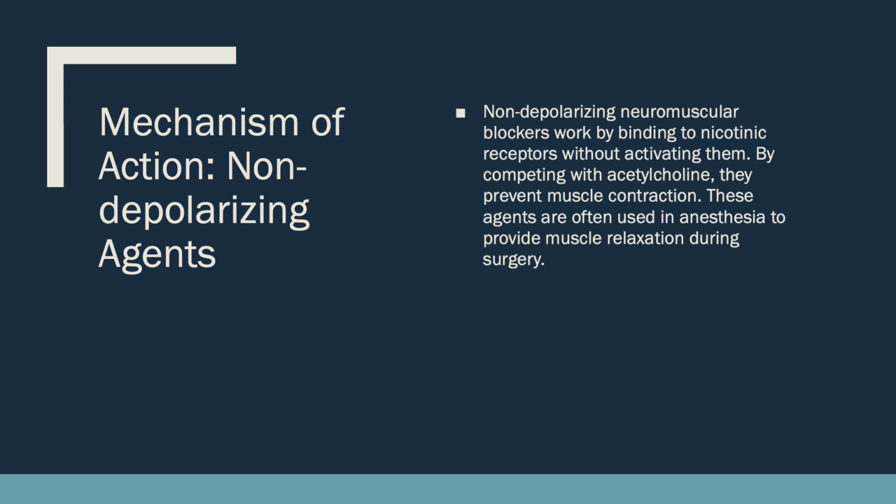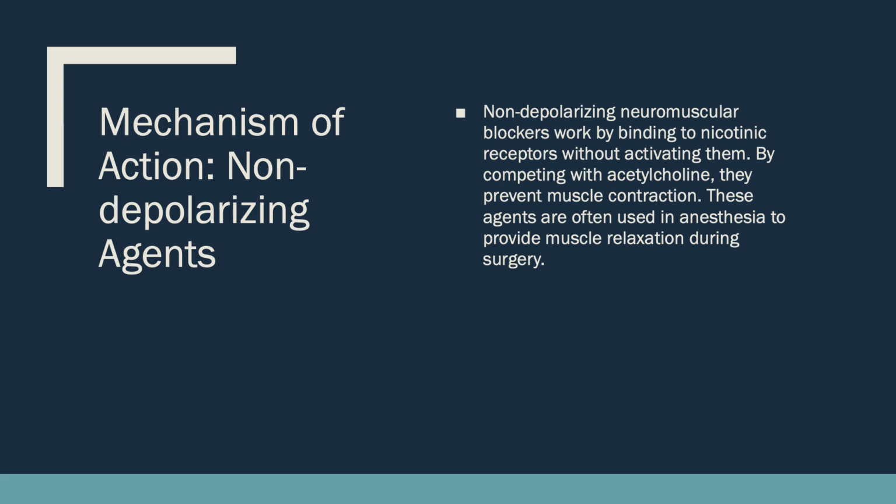In procedures where prolonged paralysis is needed, non-depolarizers are the choice agents. The reversal of their effects can be achieved by using acetylcholinesterase inhibitors, like neostigmine, or true reversal agents like sugammadex for rocuronium. Both of those will lead to an increase in acetylcholine at the neuromuscular junction, outcompeting the neuromuscular blocker for receptor binding.